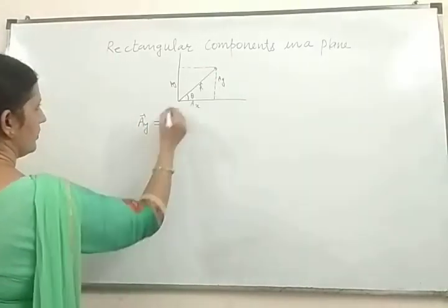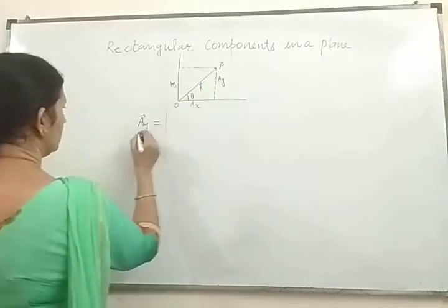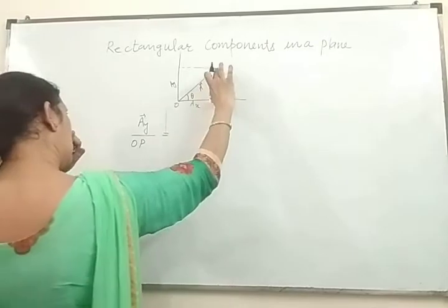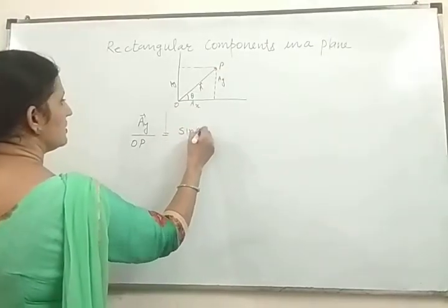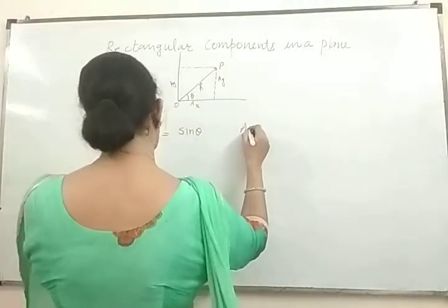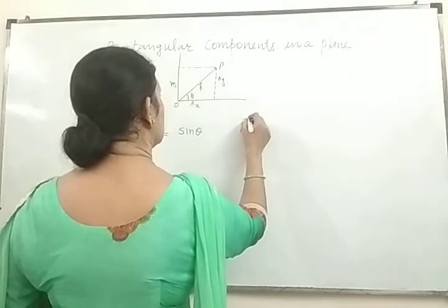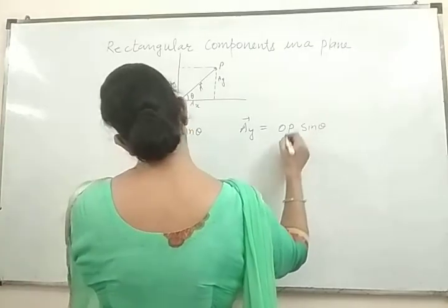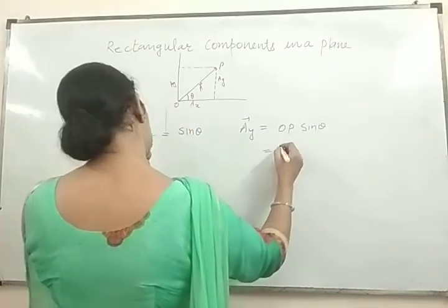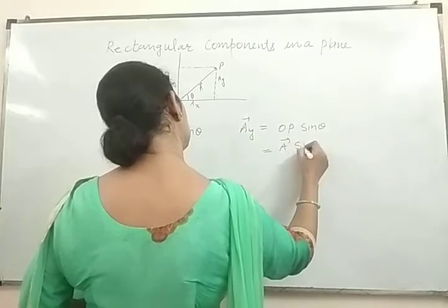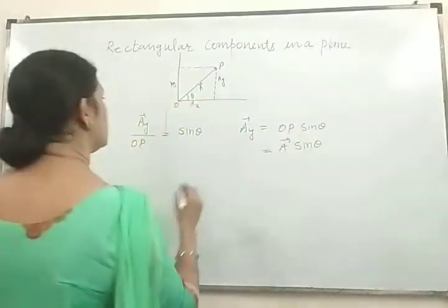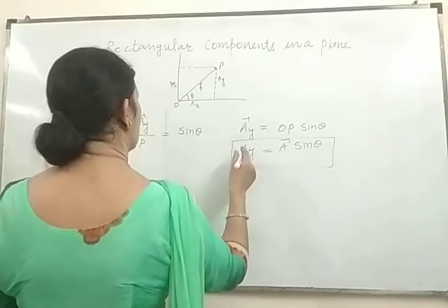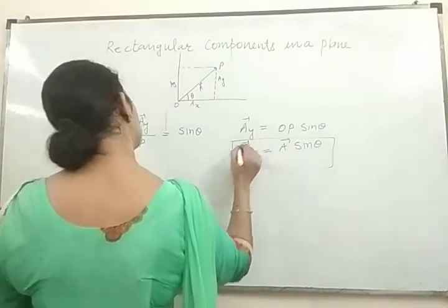Perpendicular divided by hypotenuse. Suppose this is P. Perpendicular by hypotenuse is sin theta. So AY is equal to OP sin theta. What is OP here? OP is vector A into sin theta. So this is the value of the rectangular component along the y-axis.